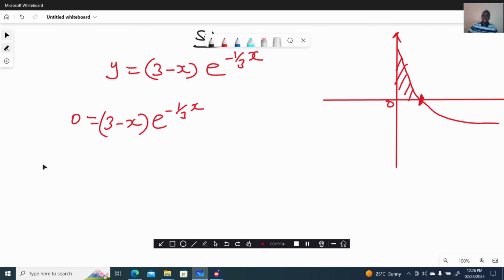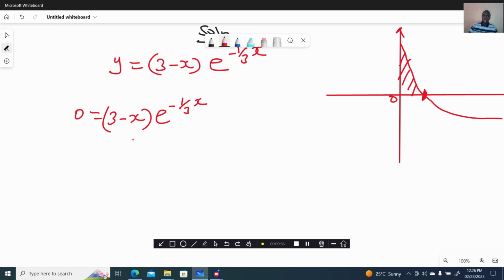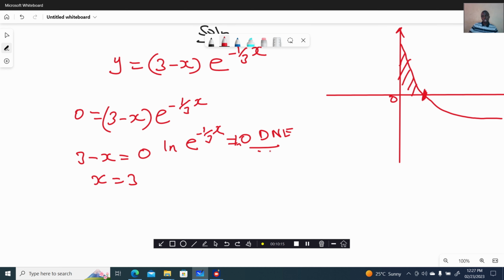We can equate either 3 minus x to 0, so x is 3, or e to the power of negative 1 over 3x equal to 0. When you introduce natural logarithm on both sides, this one tells us that it does not exist. So the coordinate of this point is 3, 0.